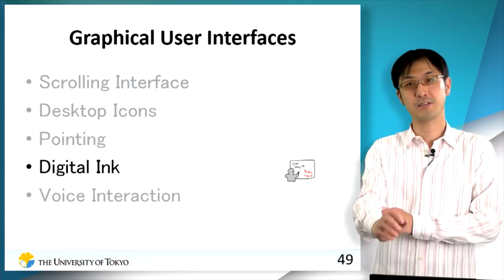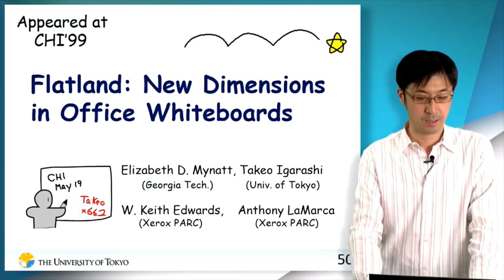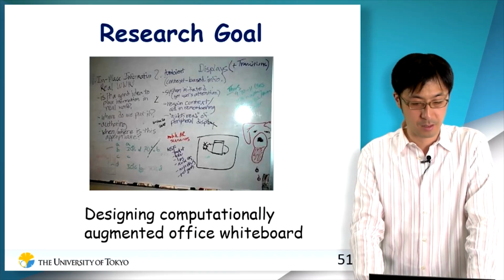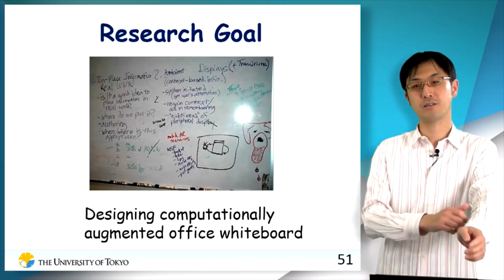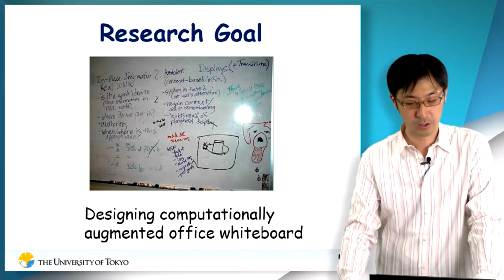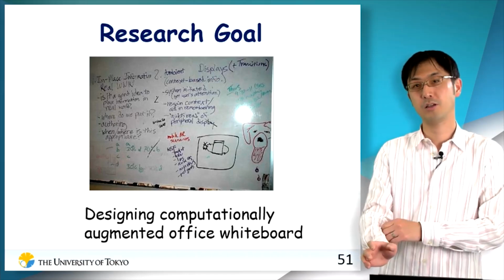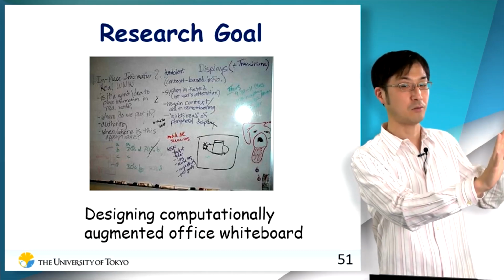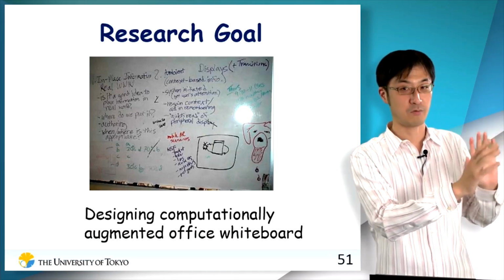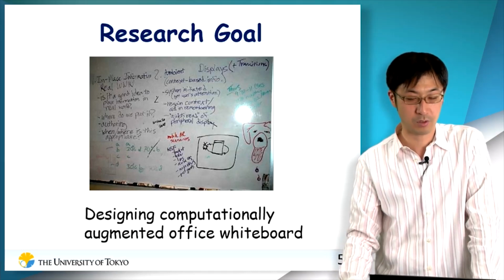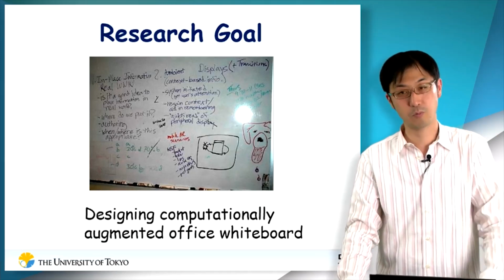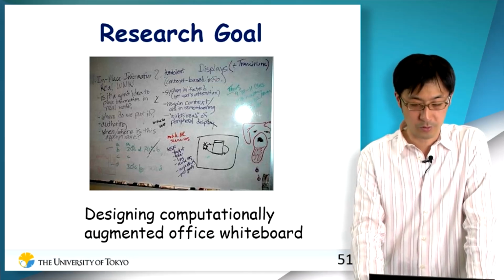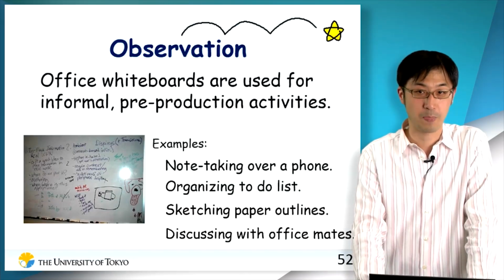Our next topic is digital ink. The work we introduce here is called Flatland. The research goal is to design a computationally augmented office whiteboard. In many workplaces, there is a whiteboard near the desk or near the working meeting space, and people take various notes. So we try to provide computational support for this kind of whiteboard.